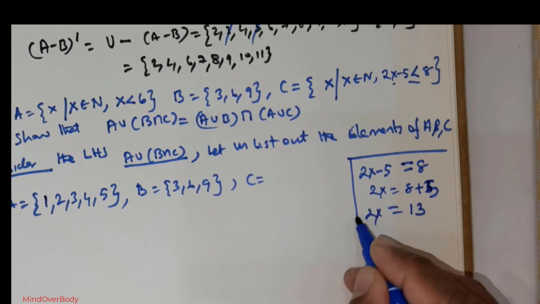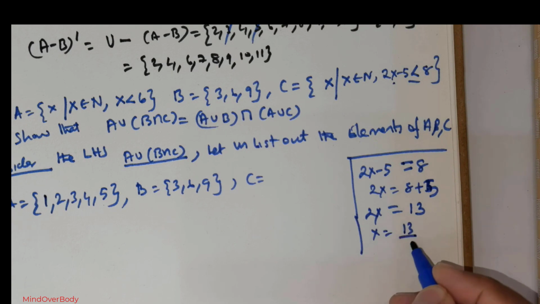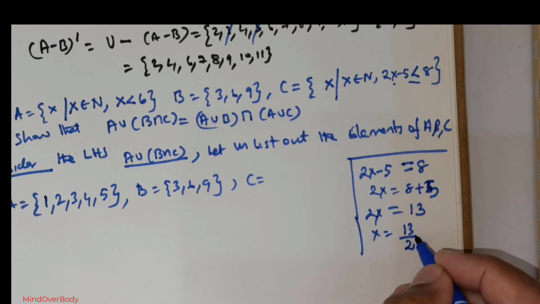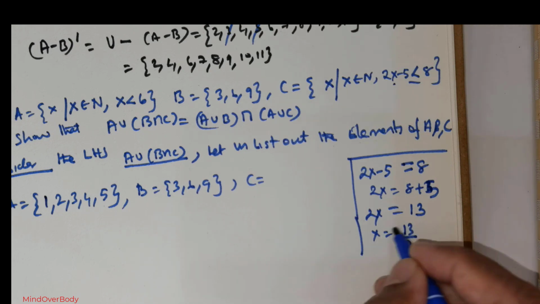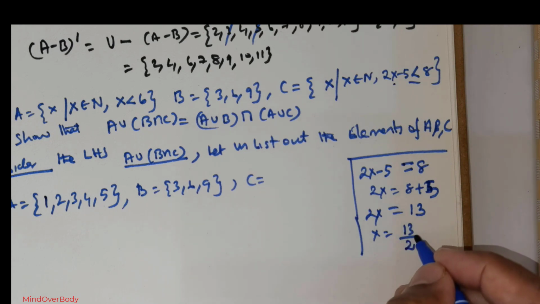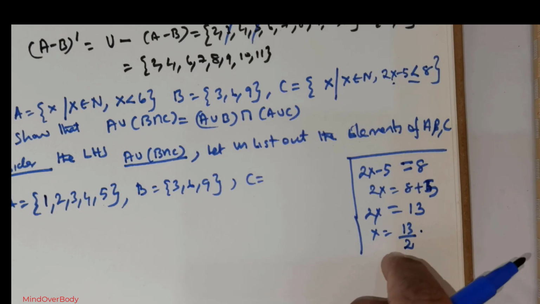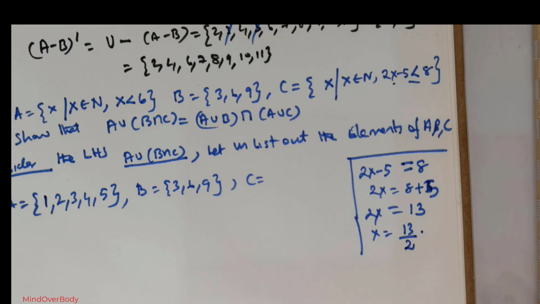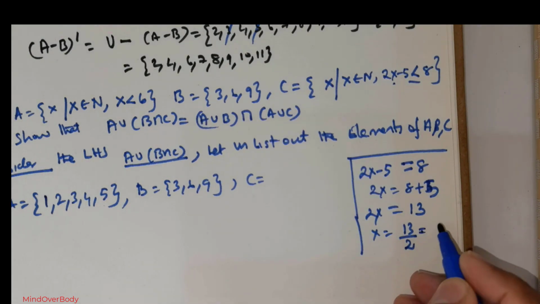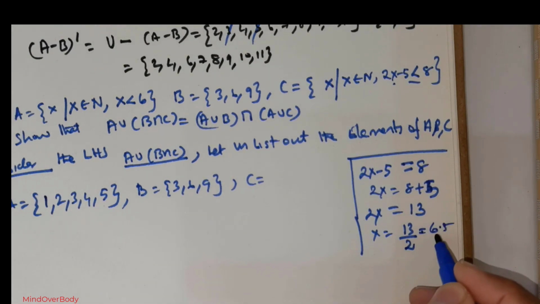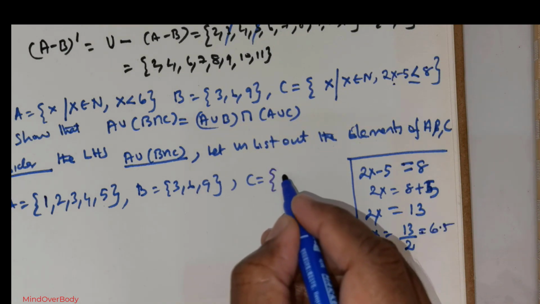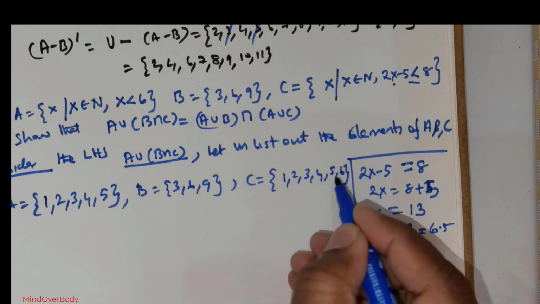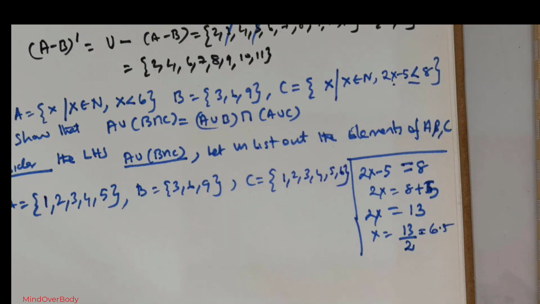So 2x is equal to 13, so x is equal to 13 over 2. The value of x that we are getting here is not a natural number, right? So we need to extract the values of x for which x is a natural number. So this would be 6.5. So we need values which are actually starting from 1, 2, 3, 4, 5 and 6. So that would be the set C.